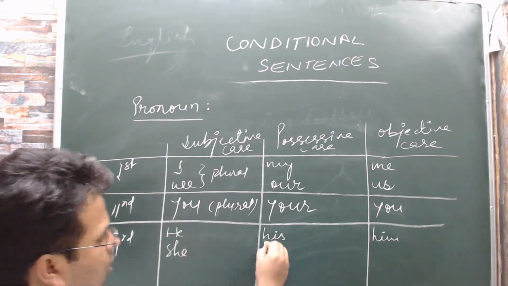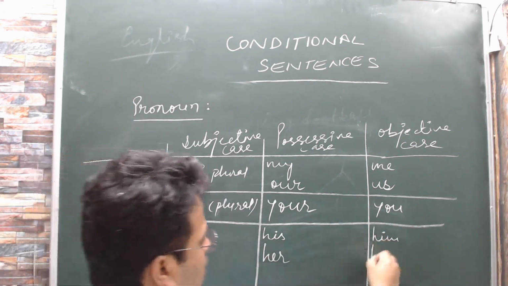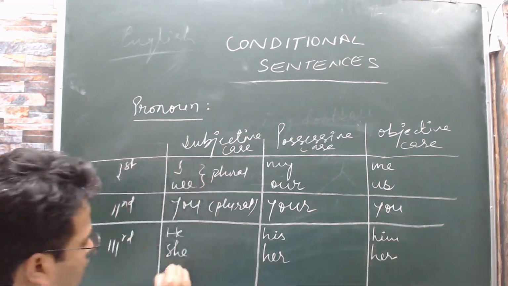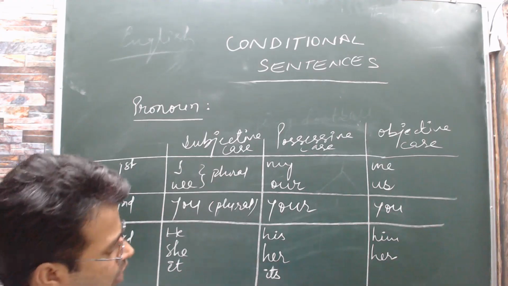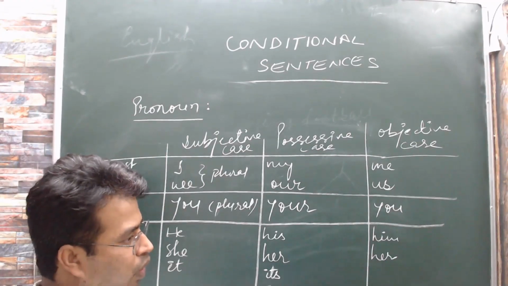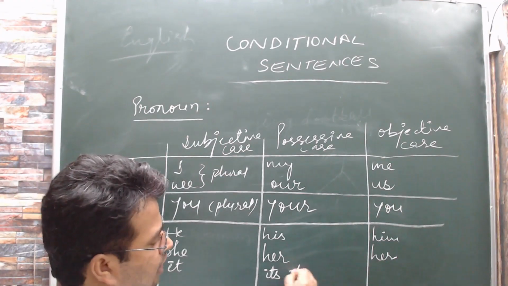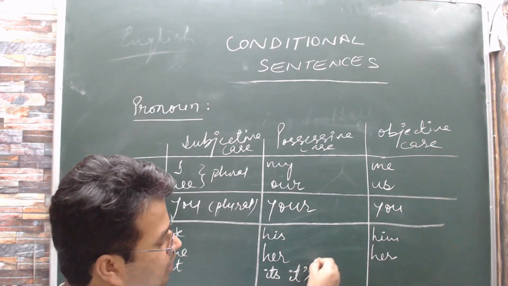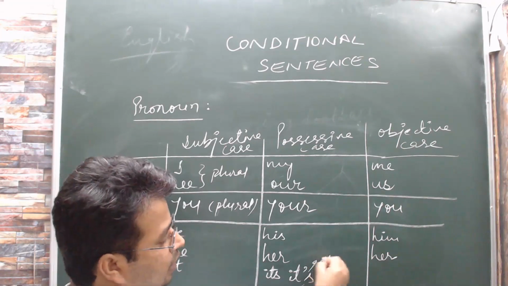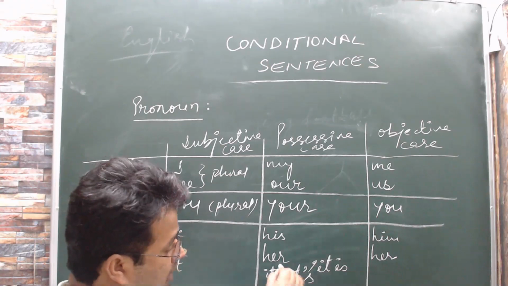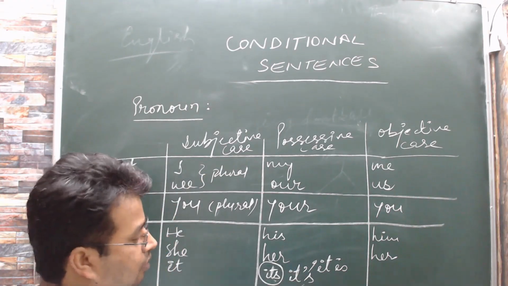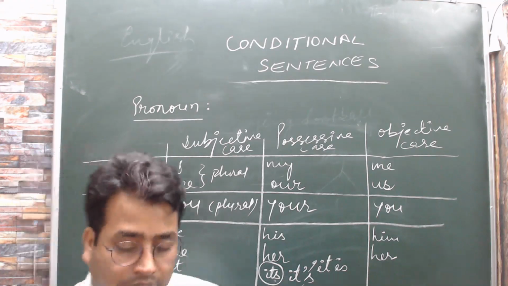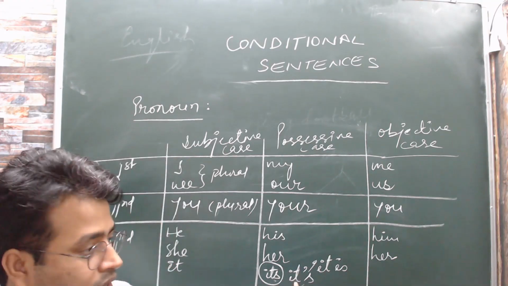She, her, her, it, its. Here, there's a point. If it is written as it's, it means it is. So the possessive pronoun is its. If somewhere you find it's, then it is wrong.